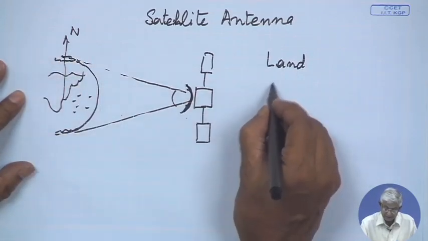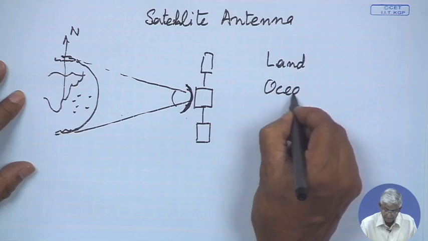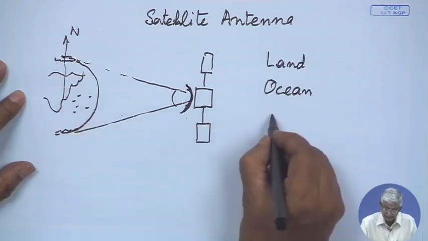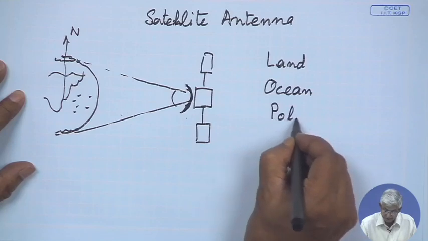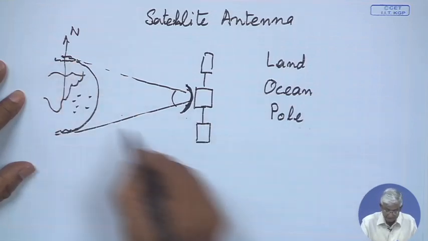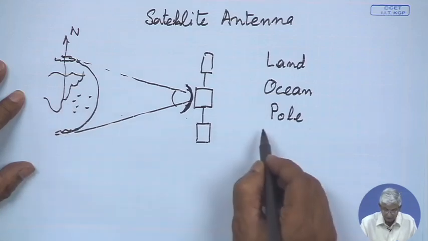Then it sees ocean, with comparatively less temperature, and then it may see the polar region, which is almost ice, with a much lower temperature.